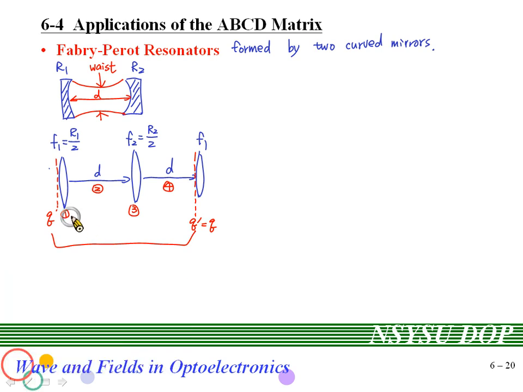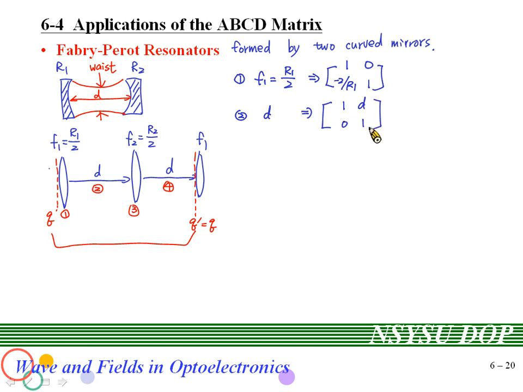Now, let's consider these four subsystems. For system 1, with f1 equal to R1 over 2, the ABCD matrix can be written this way. For system 2, after propagating a distance d in free space, the ABCD matrix is written like this.